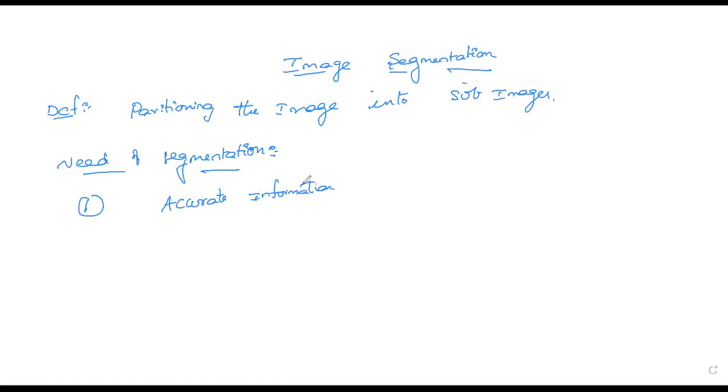Suppose this is the entire image, and the information is available in this part only. So I am taking this part as information and dividing the image into sub images, so we get more accurate information and it is easy to analyze.